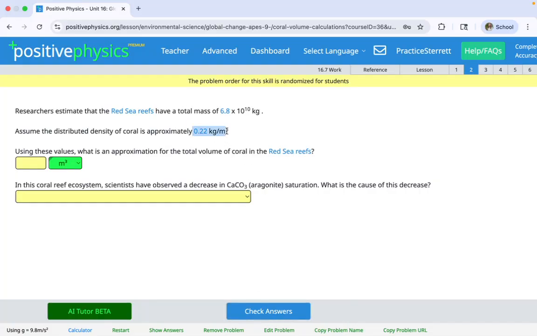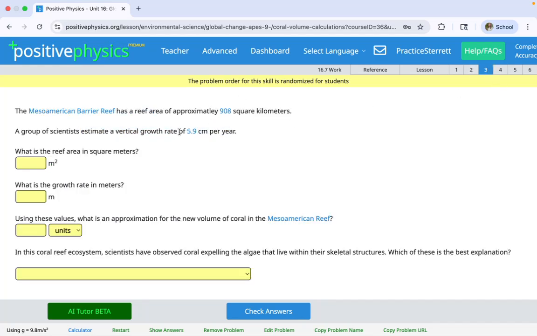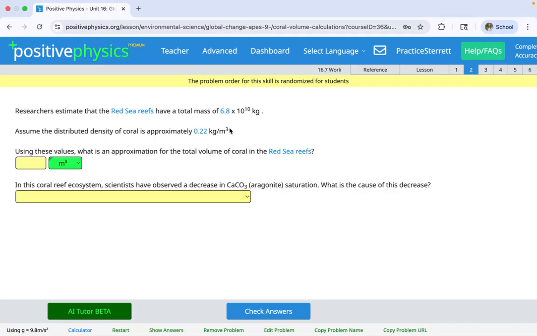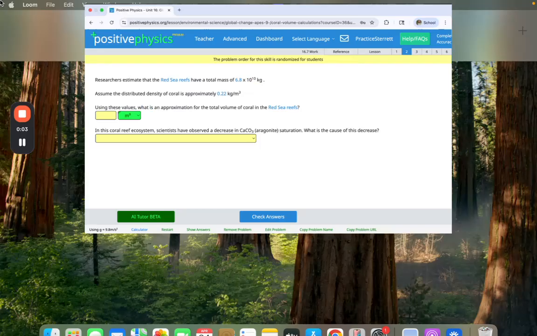So this is a density measurement of coral, 0.22 kilograms per cubic meter. And then in other ones, you're going to be looking at a growth rate and an area. But really, for all of them, you just want to be thinking about it as kind of a unit analysis problem.